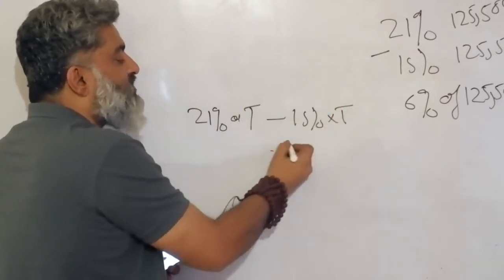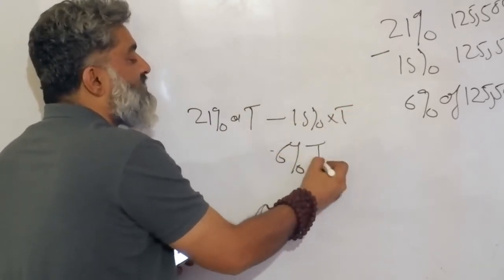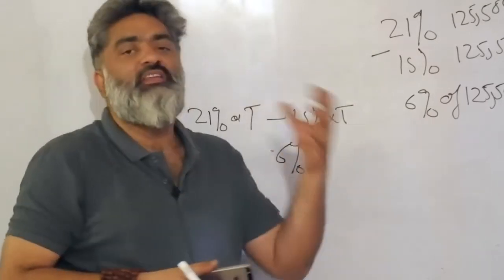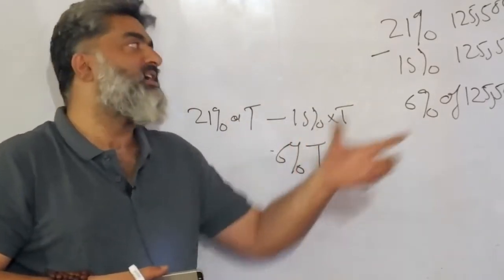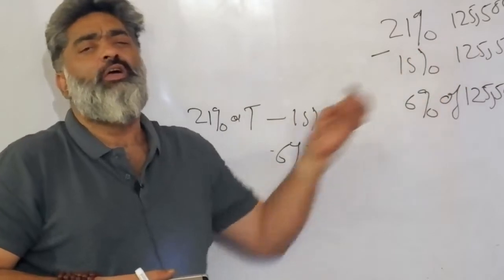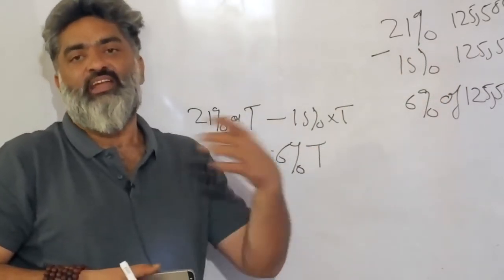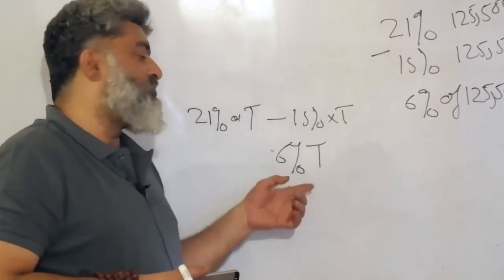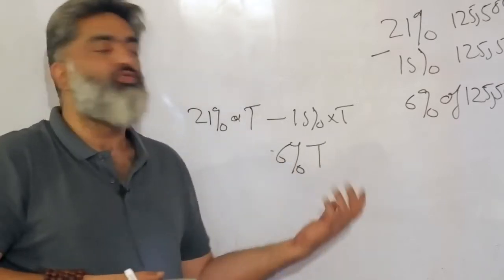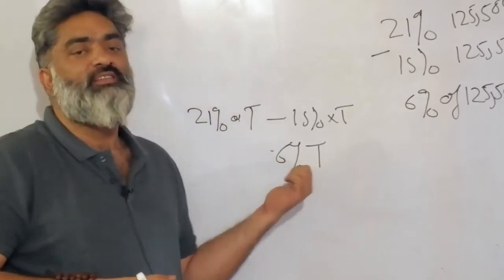And then if you just work on this equation, you get 6% of total. So the beginner level, if you give it to a school kid, he might calculate all of it. But if you have gone through basic percentages at an adult level, you should be able to. And if you haven't, now you know that you can take a shortcut like this.